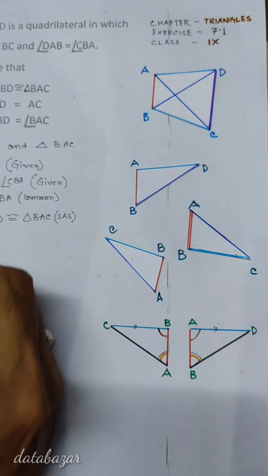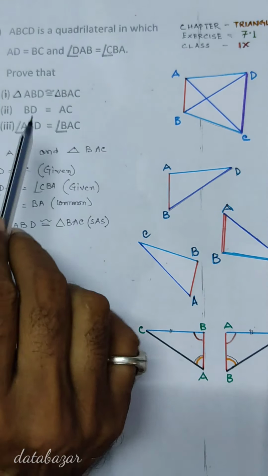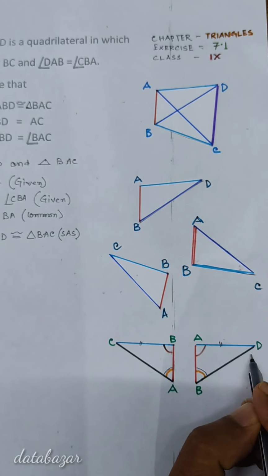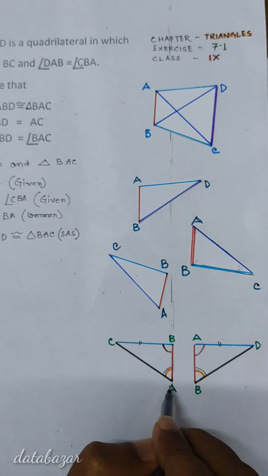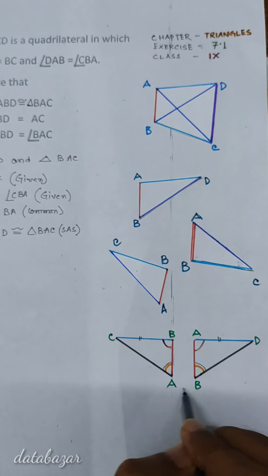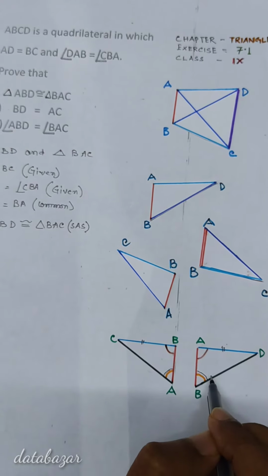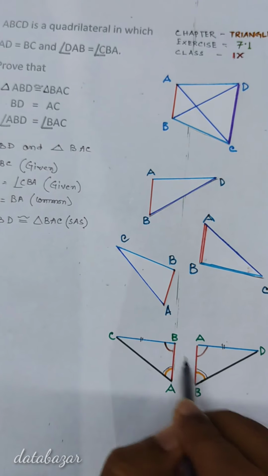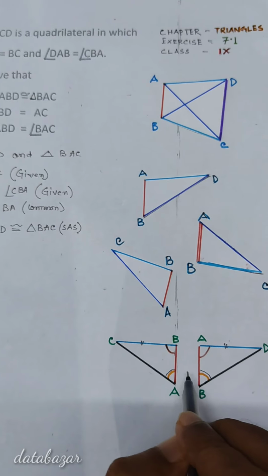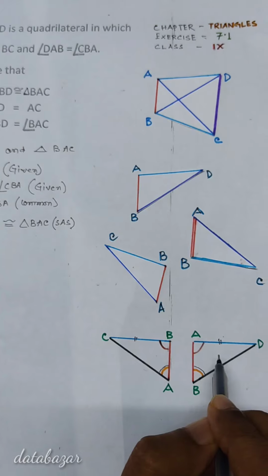Now let us come to the second part, where we have to show BD is equal to AC. See, this is the BD line and this is the AC line. These are two corresponding parts of the congruent triangles ABD and BAC. Now corresponding parts of congruent triangles are equal.